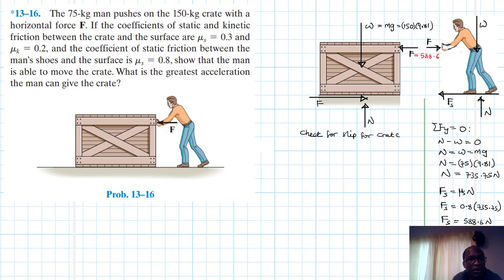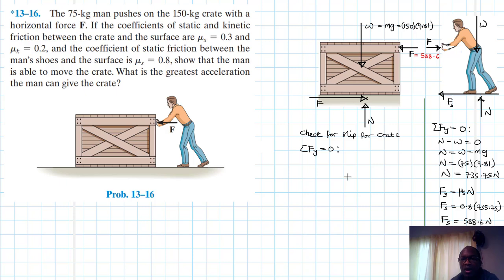What we need to do is calculate the friction force, mu s N. Let's calculate N first for the box. So say summation of forces in the y equal to 0.